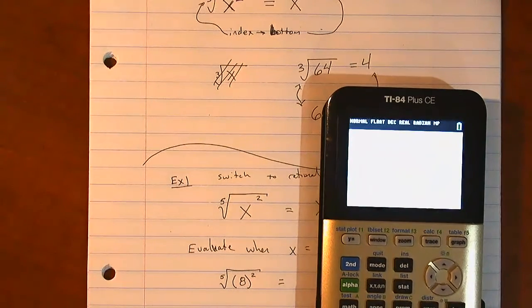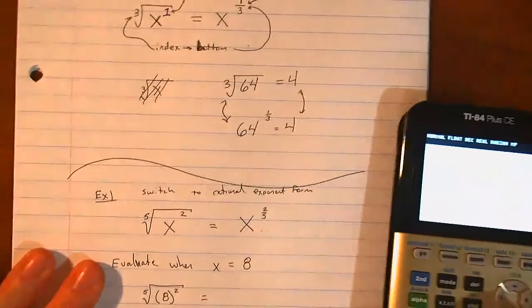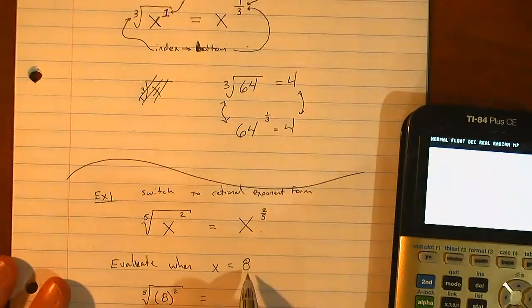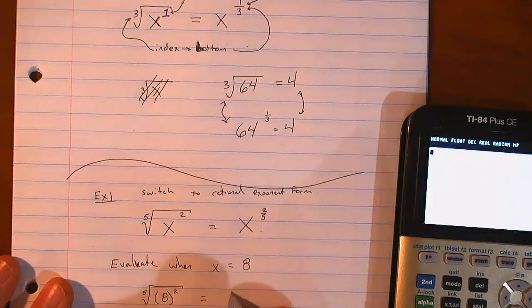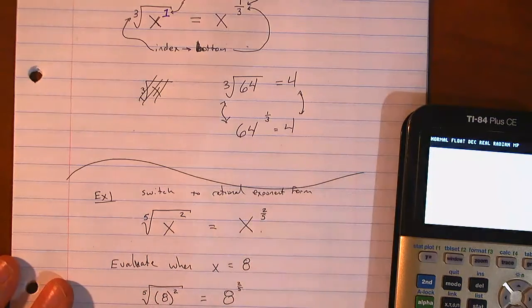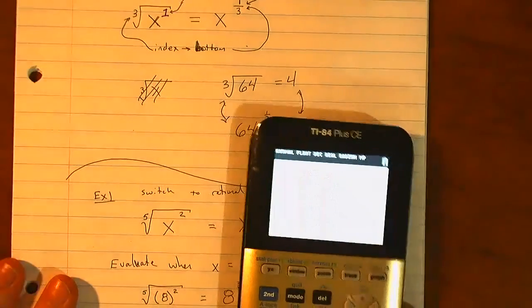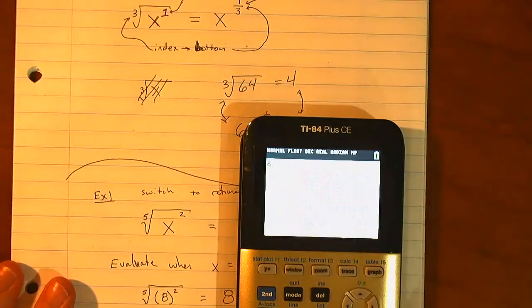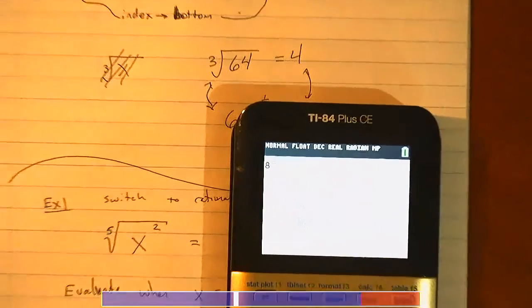And so there's a variety of different ways we could do this on our calculator. One thing we could do is type it in with the exponent. So I could switch this into 8 raised to the 2 over 5, right? Exponent over index, the 2 over 5 power. And then I could type that into my calculator. So 8 caret.